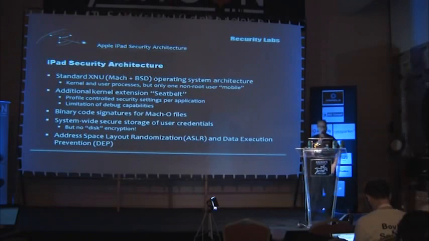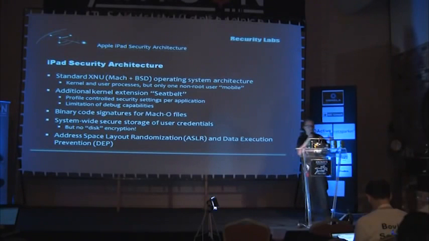The iPad security architecture. So essentially what we're looking at is a standard XNU Mach plus BSD operating system architecture. Everything runs either as kernel root or a single user called mobile. They have a few kernel additions. One is called Seatbelt that limits some things like ptrace debug capabilities.